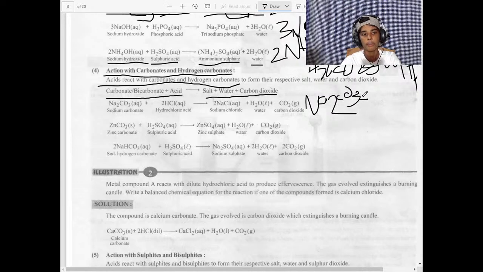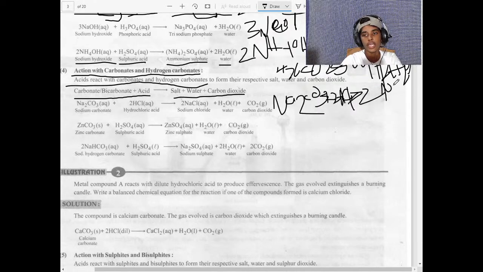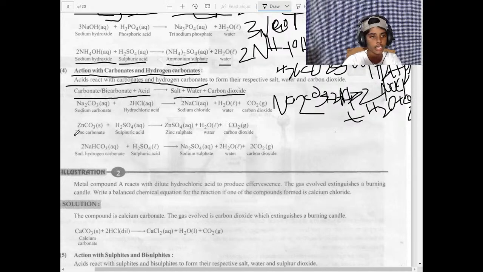Na2CO3 plus 2HCl will give 2NaCl plus H2O plus CO2.